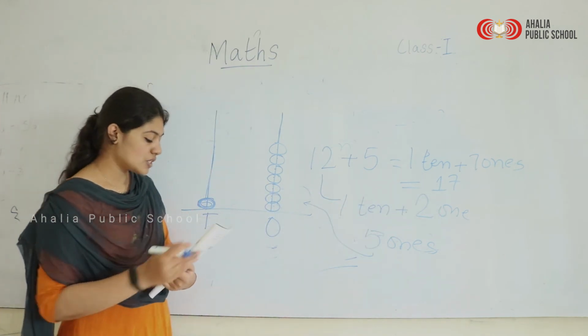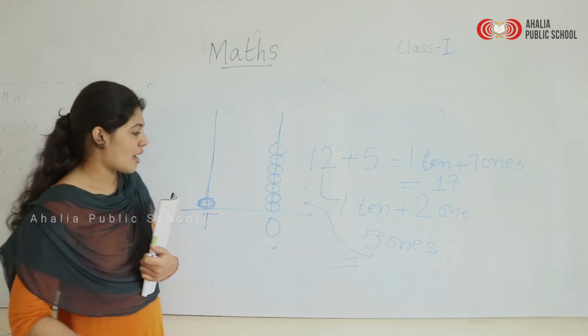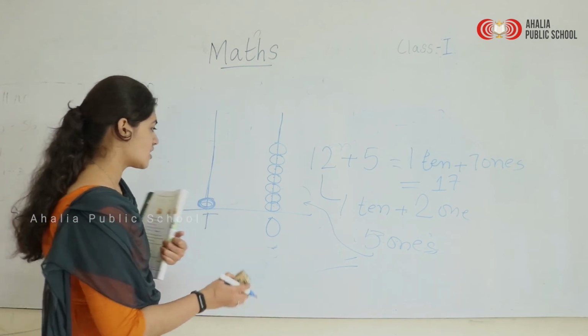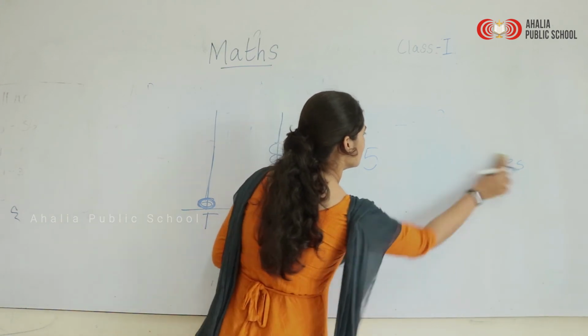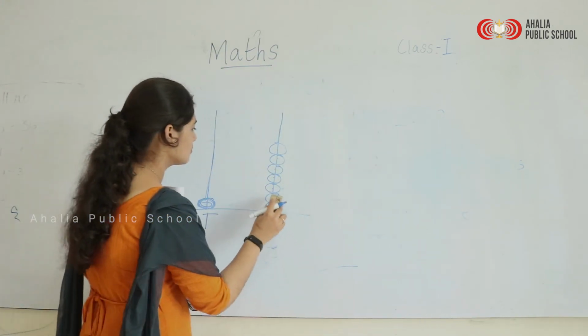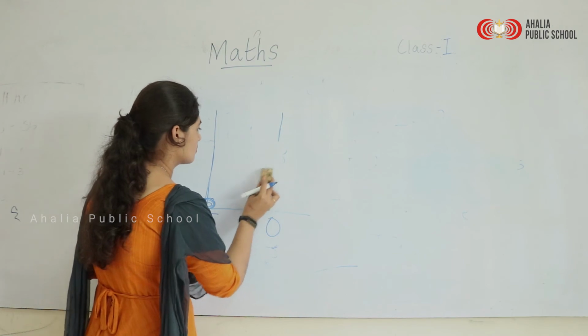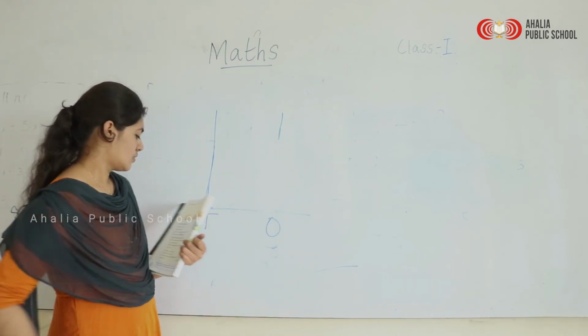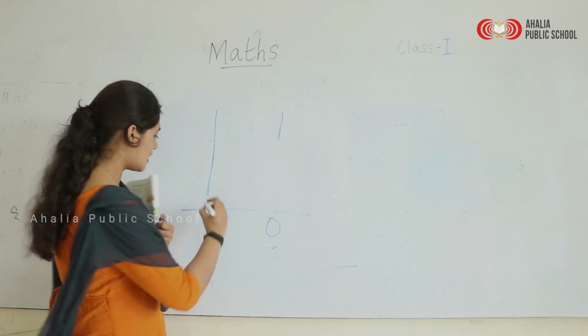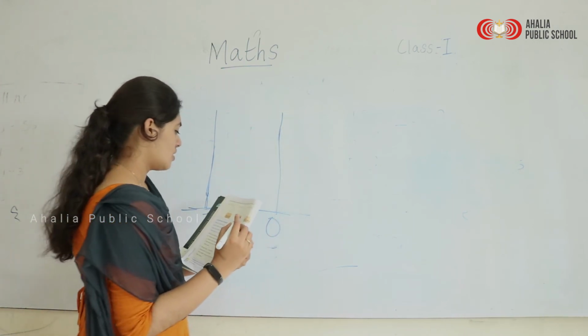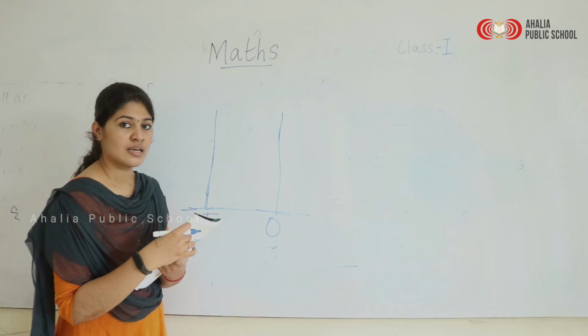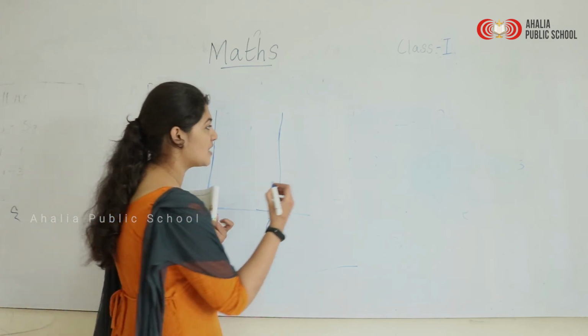So this is about our abacus. Next I'll explain one more example. The number 15 plus 1.